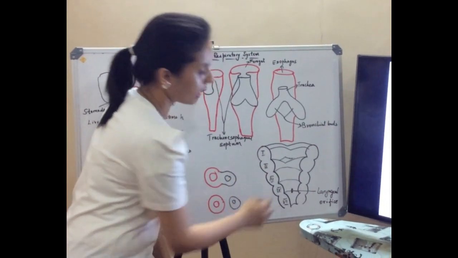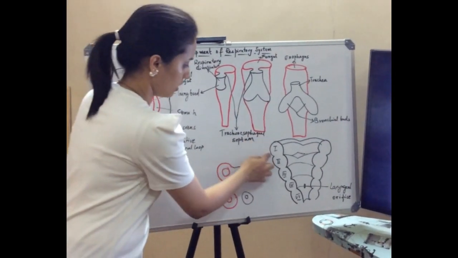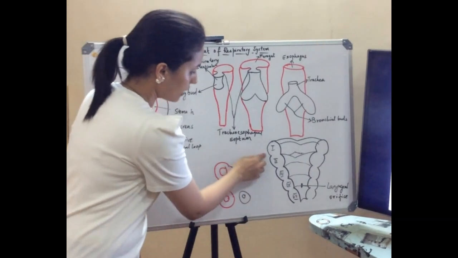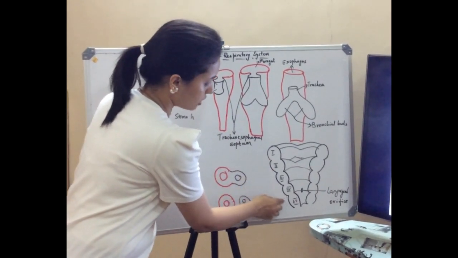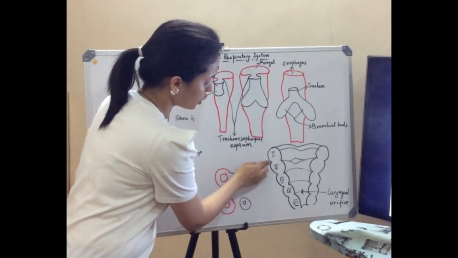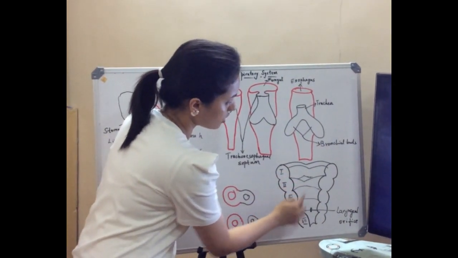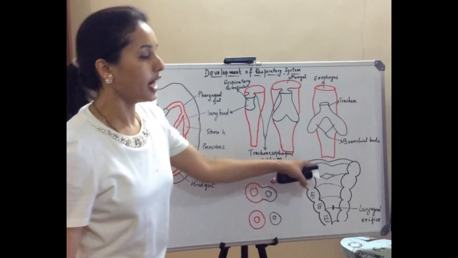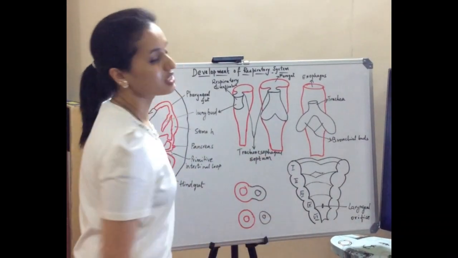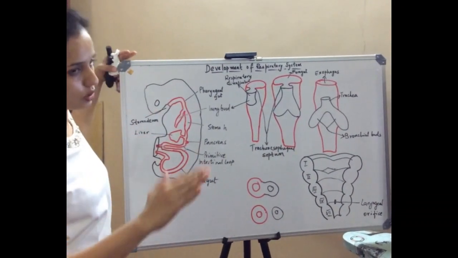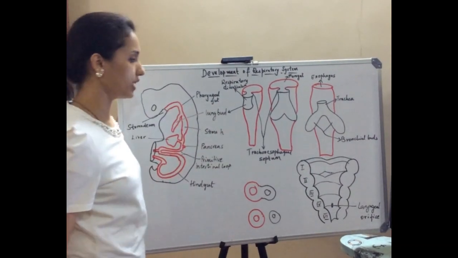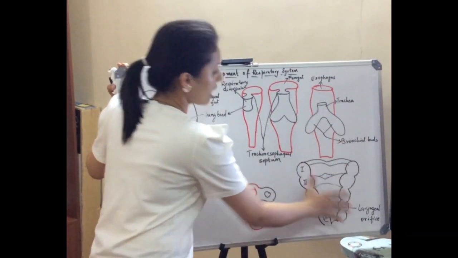Outside, it is lined by ectoderm, the ectodermal lining, and they form a cleft externally separating each arch. These are called pharyngeal clefts, and internally the arches are separated by endodermal pouches, which are called pharyngeal pouches. I won't be going into detail about the pharyngeal apparatus.